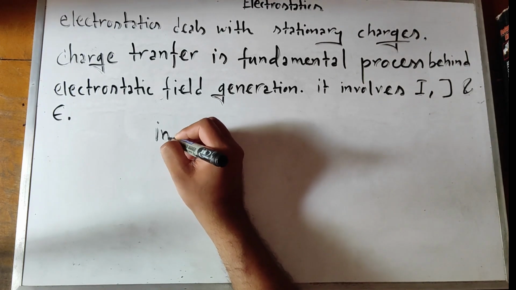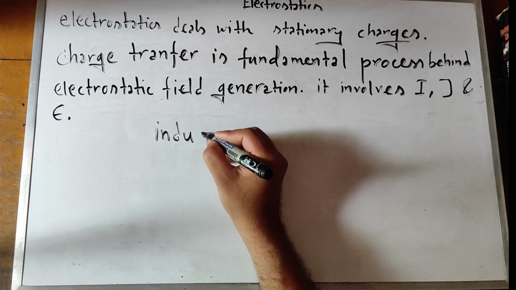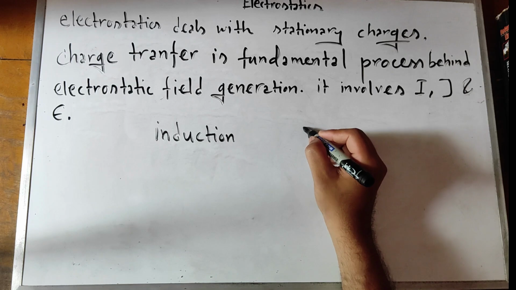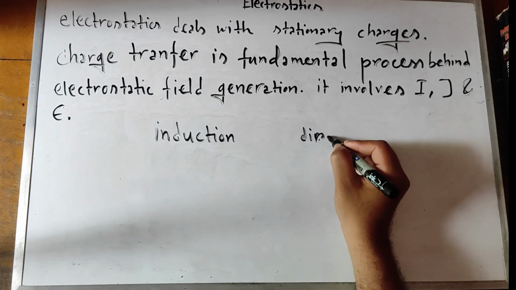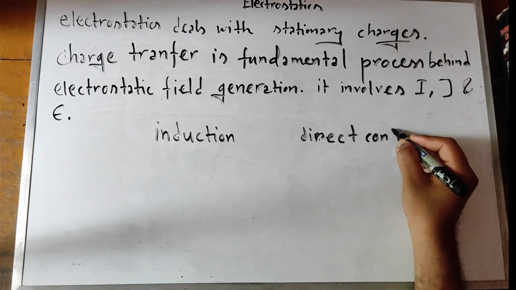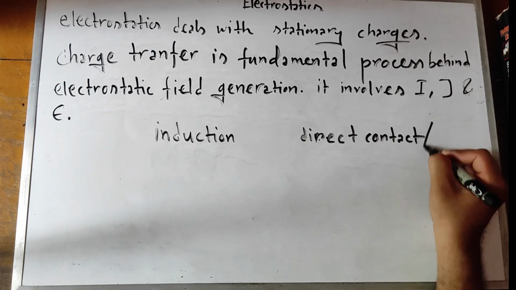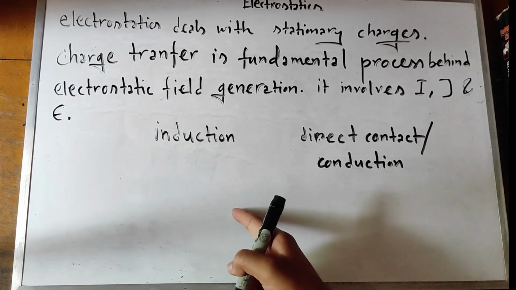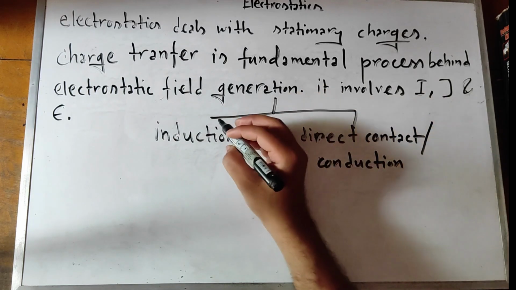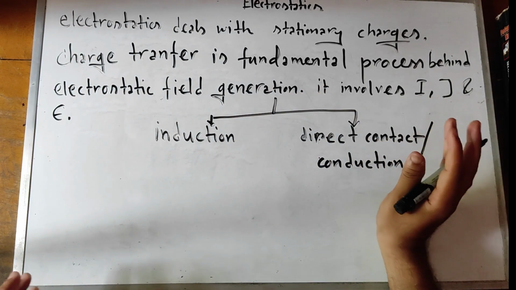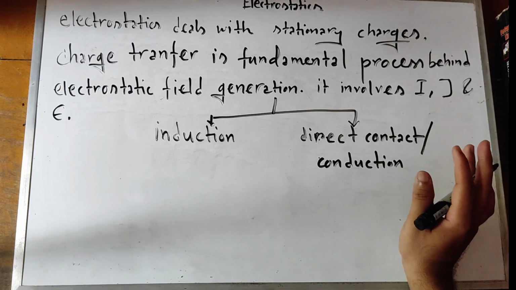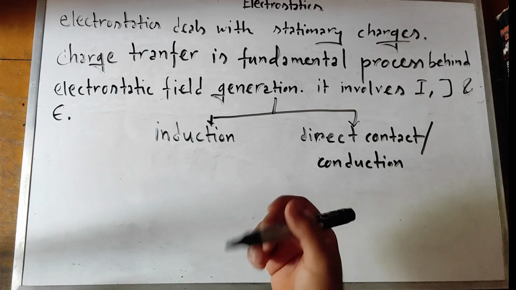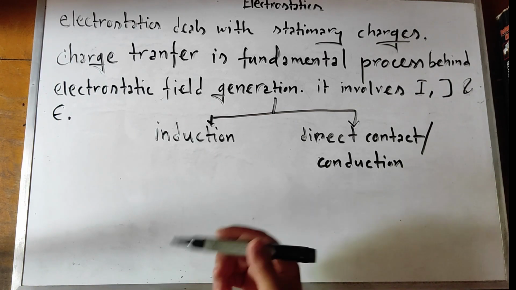One is induction, and the other is direct contact, or conduction. These are the only two methods by which we can produce electric fields, electrostatic field mainly, and electrodynamic field also.